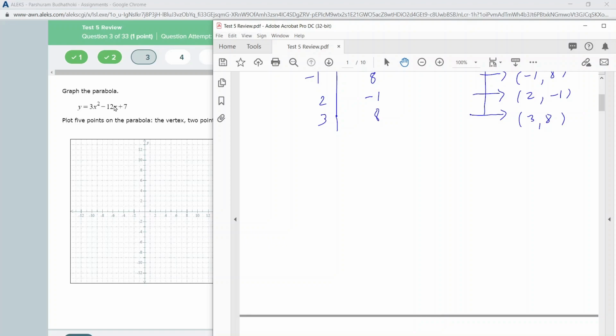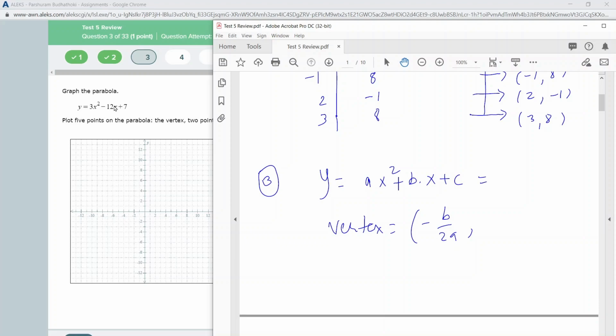So there is a formula which is, if you have y equal a times x squared plus b times x plus c, then the vertex would be -b over 2a, comma, the value of the function, this is the y value, at -b over 2a.